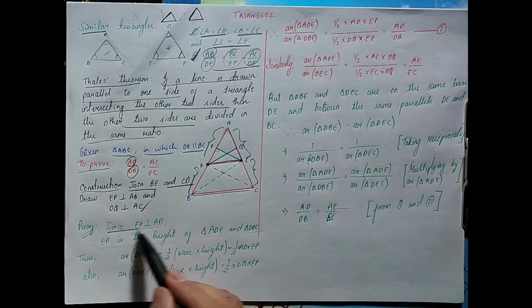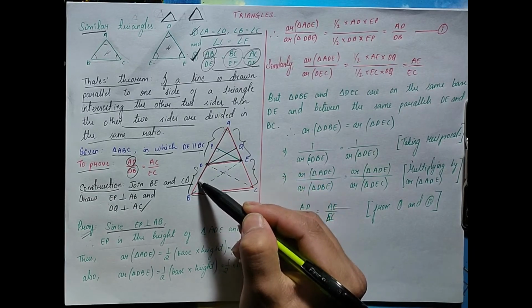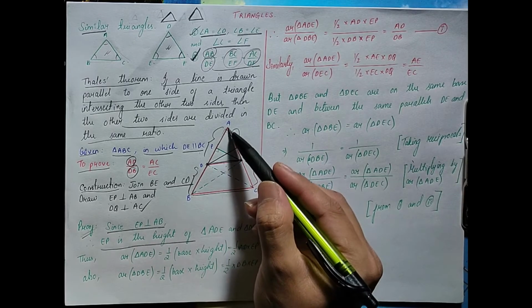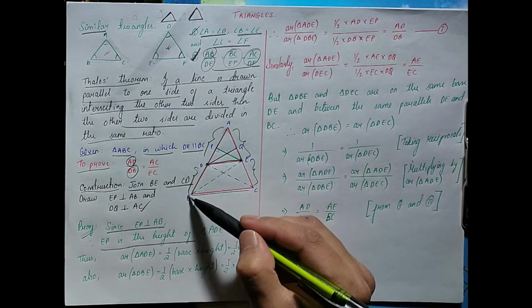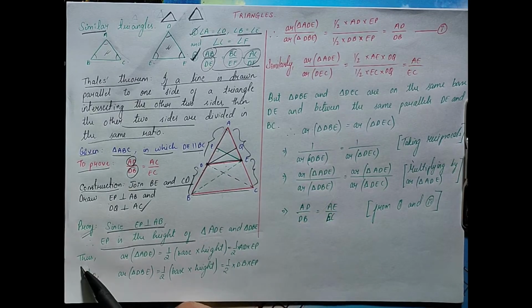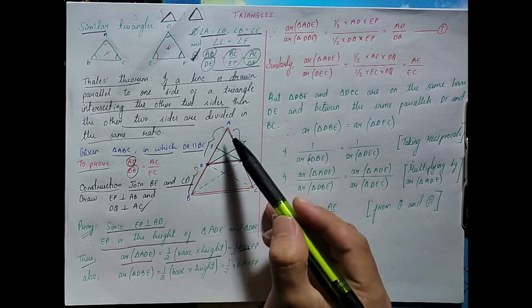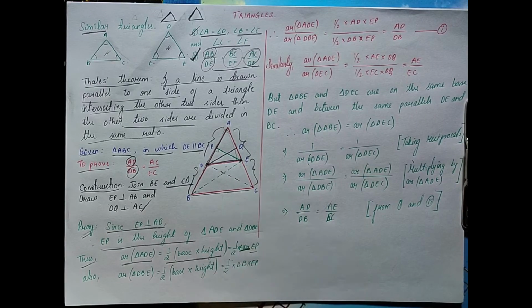Proof. Since EP is perpendicular to AB, EP is definitely the height of the triangle ADE. Also, it is the height of the triangle DBE. Thus, area of the triangle ADE, we know the formula is half into base into height. For this triangle, base is AD and height is EP.